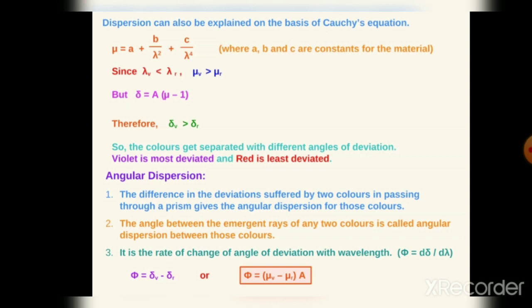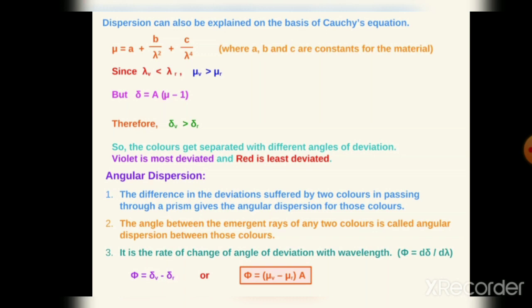The angle between the emergent rays of the two colors is called the angular dispersion between the two colors. Those two colors can be red and blue, yellow and red, depending on what you are choosing.